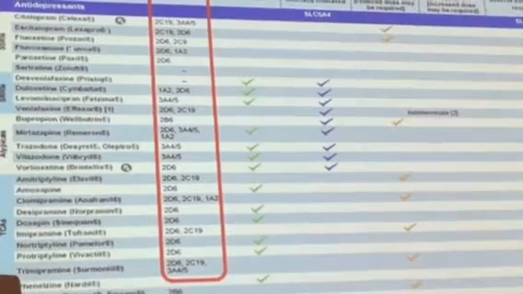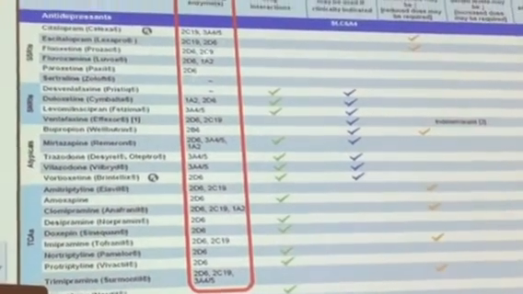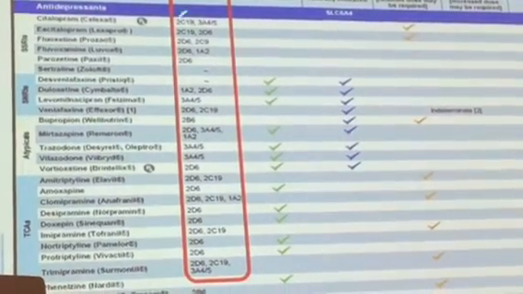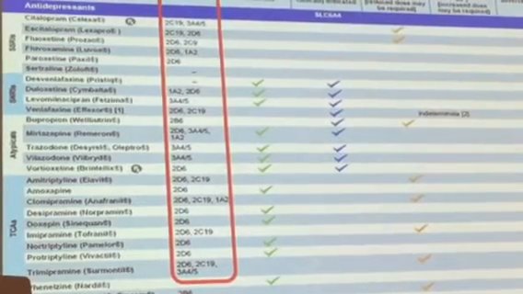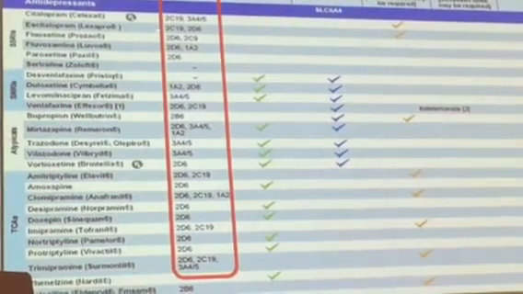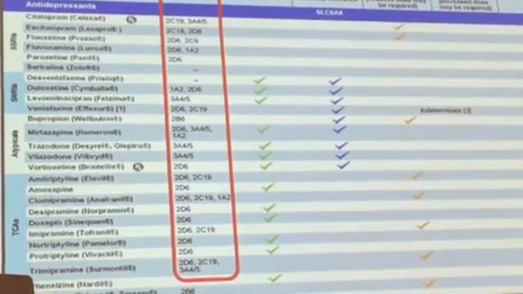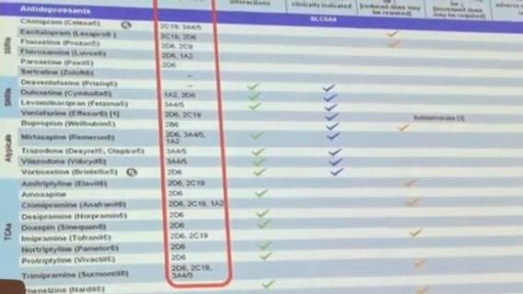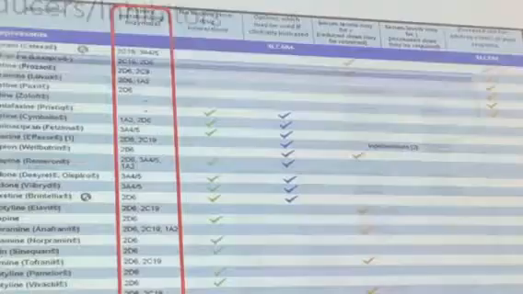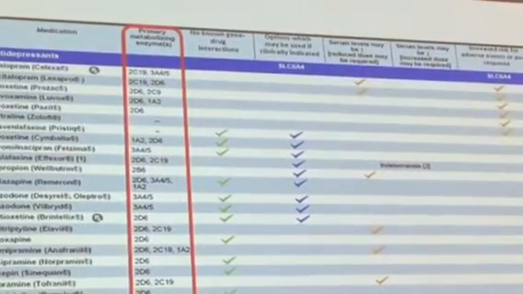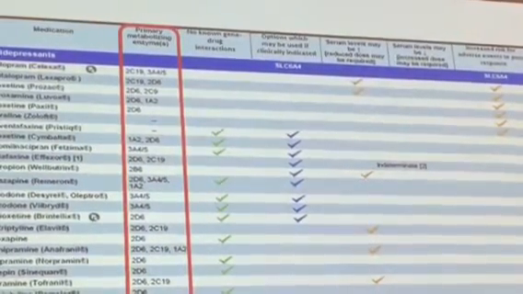Yeah, so in our report, it would look something like this. Here's all your drugs. Here's the primary metabolism family and the secondary metabolism family. So citalopram, primarily 2C19, and a little bit 3A4. And you do get that in the report.